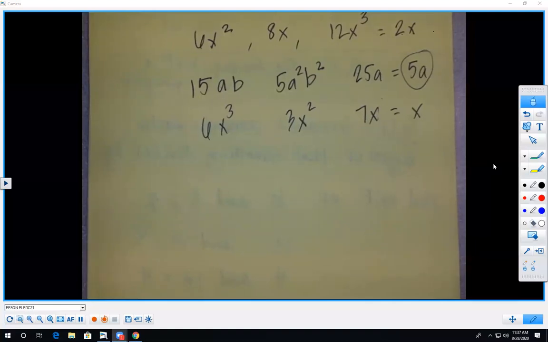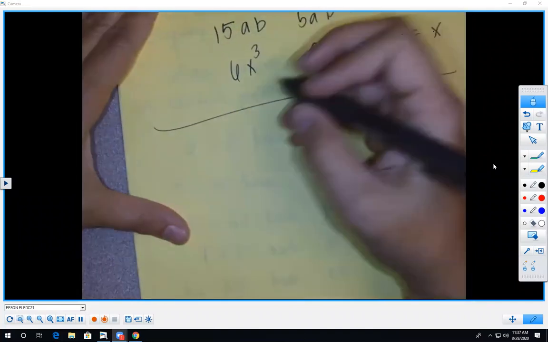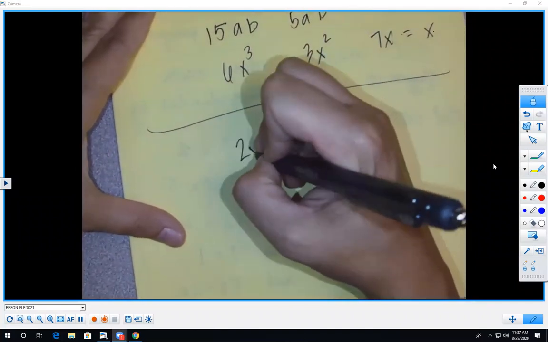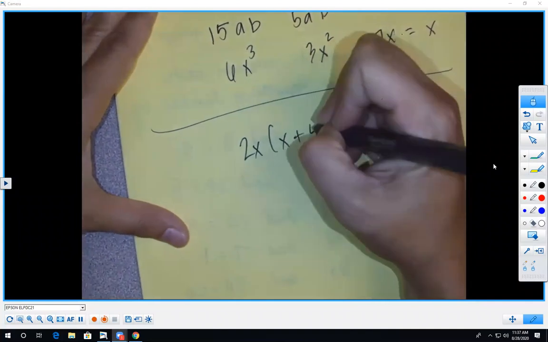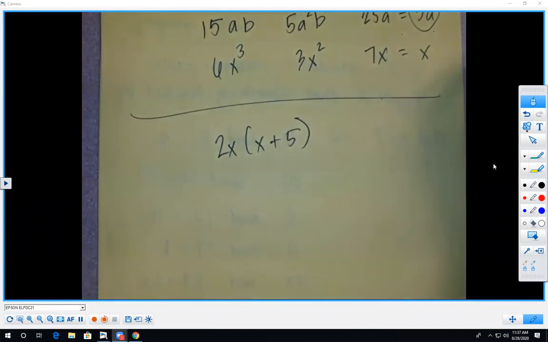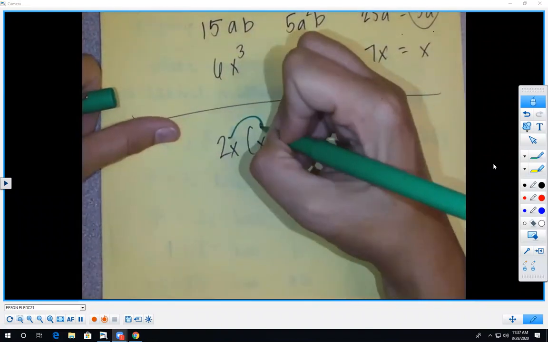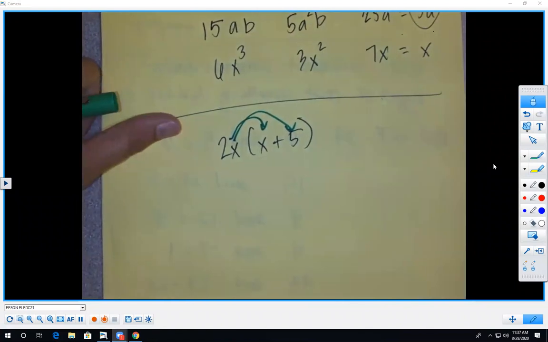Okay, so we're actually going to factor out the greatest common factor. Factoring out the greatest common factor is the opposite of multiplying. Like here's a multiplication problem. If I had 2x times x plus 5, and I was going to multiply that, how do you multiply that? Yep, distribute the 2x into it.